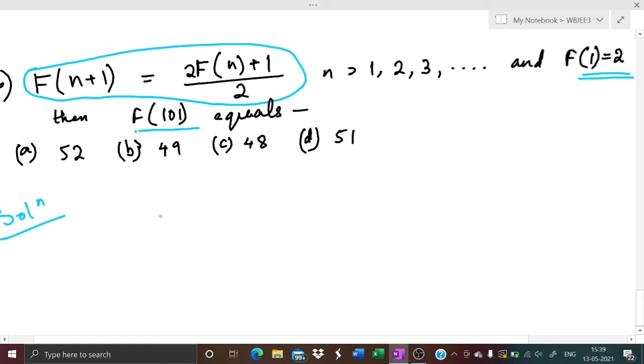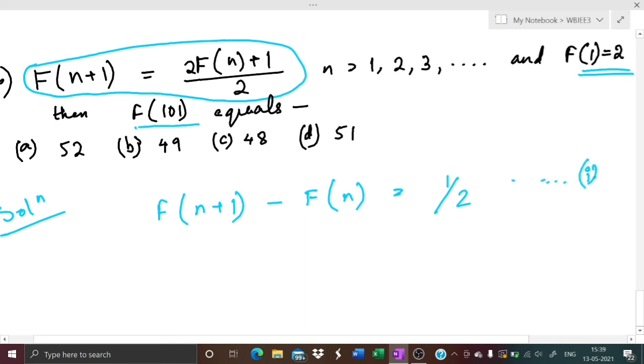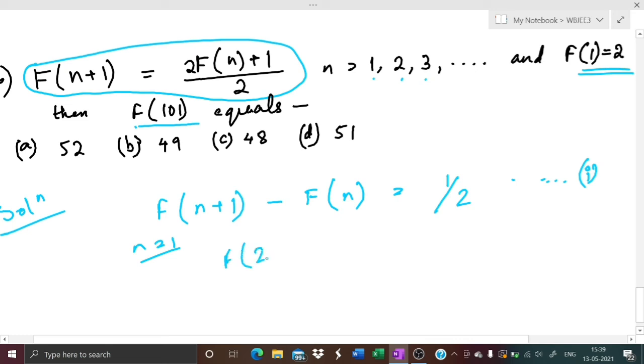You have to find a relation between f of n plus 1 and f of n. So f of n plus 1 minus f of n would be equal to half. This is a very important relation and it is the first equation. Now you have to put the values 1, 2, 3. If you put n equals 1, you will get f of 2 minus f of 1 equals half.